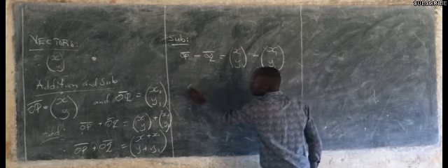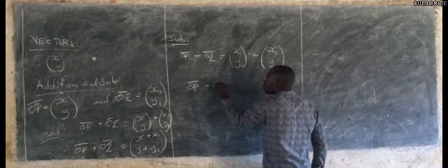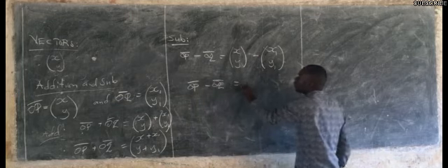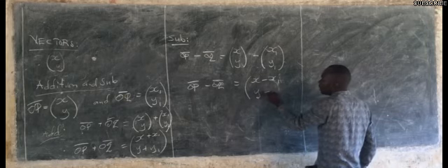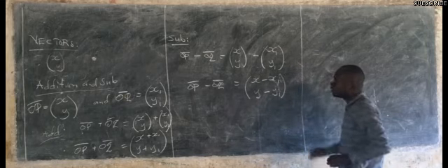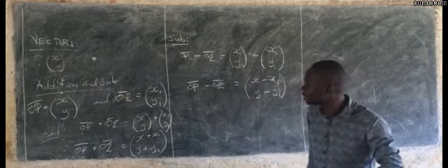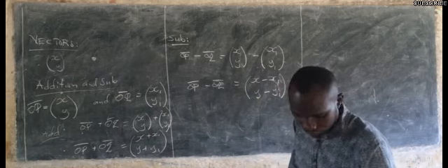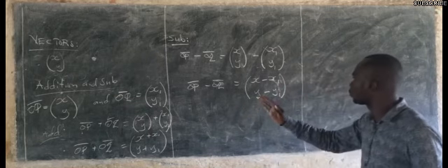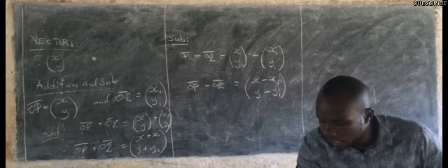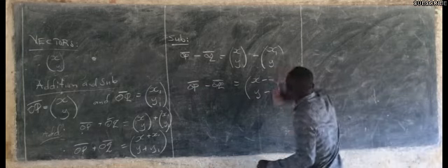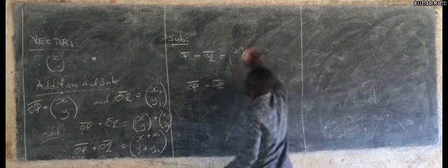So we simply see that OP minus OQ is going to be given as x minus x1, y minus y1, and this will give us the result in case we subtract. That is a simple layout of how we add and subtract vectors. We can look at some examples here and then see what comes next.